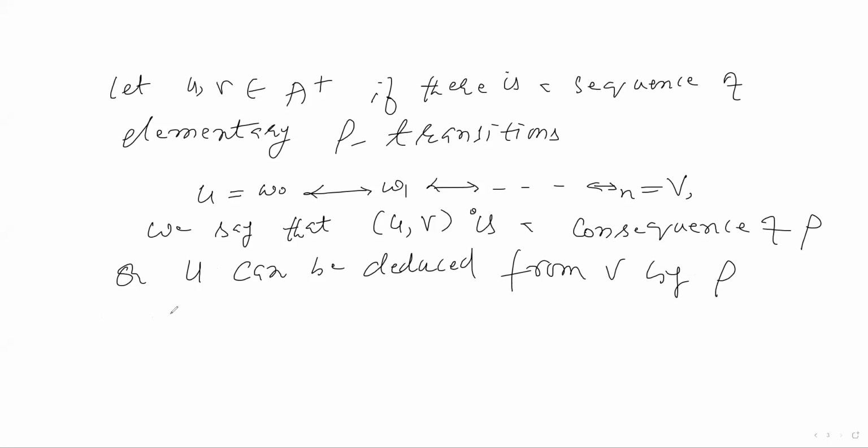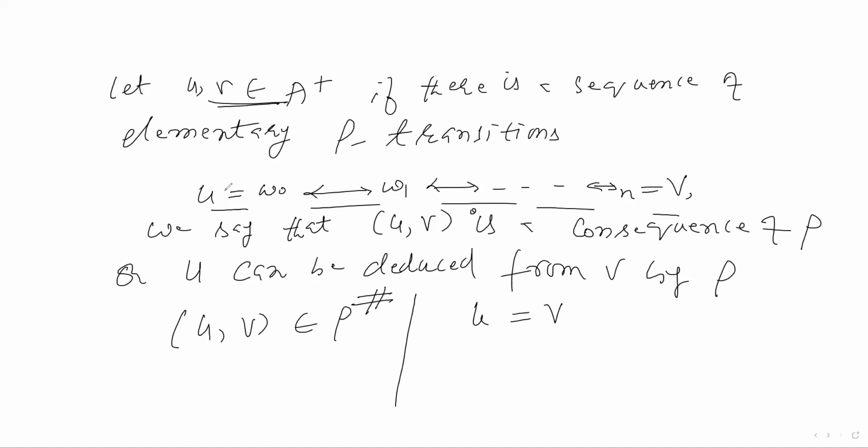Actually, what we are doing here, you have any two words and you say that u, v are in this congruence. By definition of this congruence, either u is the same as v or you have a sequence of transitions of this type connecting u to v. So if you have a transition of this type, you say that u, v is a consequence of rho, or u can be deduced from v by rho via this sequence of elementary transitions.